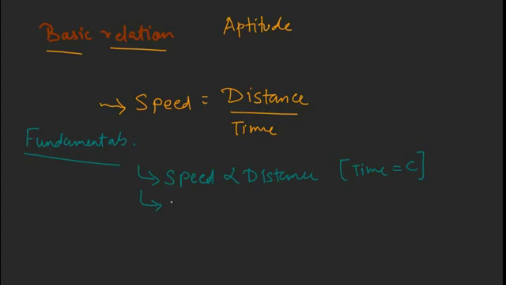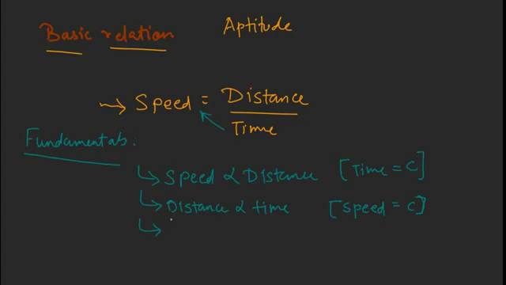Distance is directly proportional to time, provided speed remains constant. How? Suppose this is distance, so if you cross multiply this, then time would go over here. Then if speed is constant, distance and time would be directly proportional to each other.